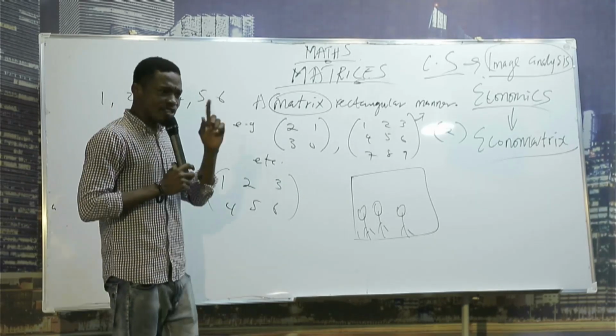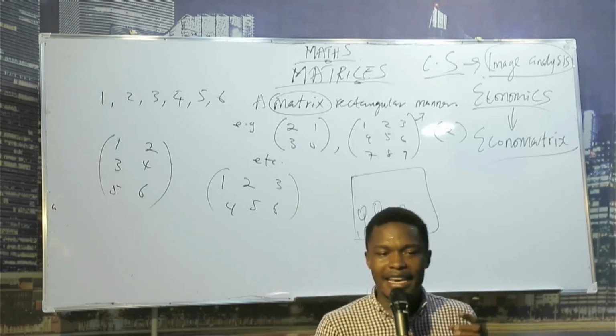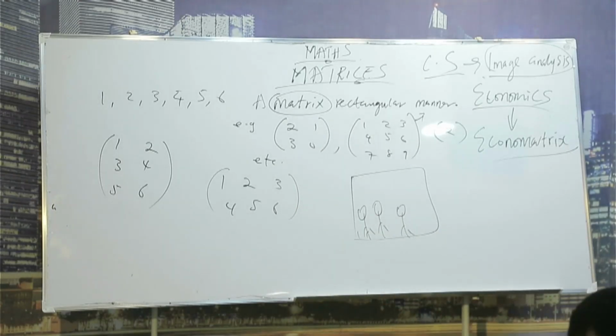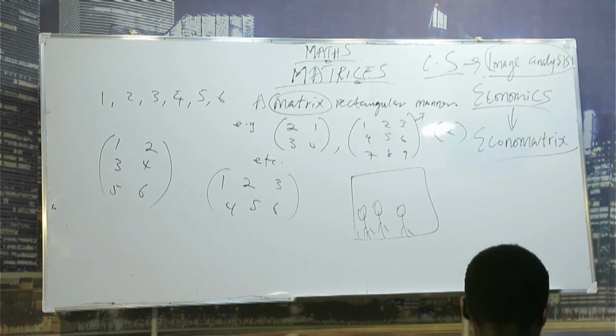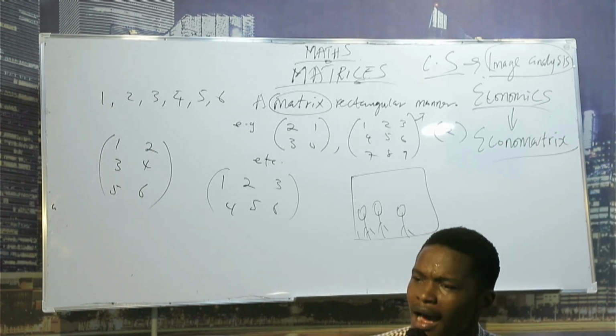So, class, whenever we say matrices, what did we say matrices are again? It is the what? Arranged in what? In a rectangular manner. Or in short form, you can simply say rectangular arrangement of numbers. That is what a matrix is.